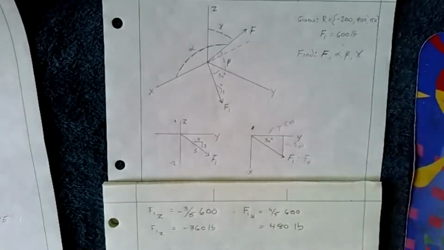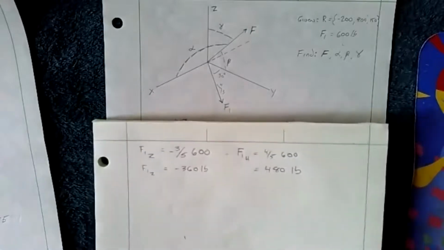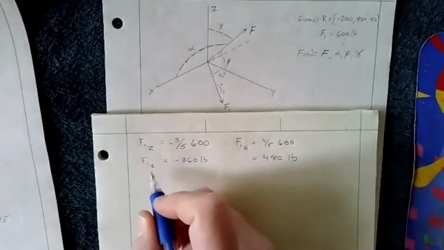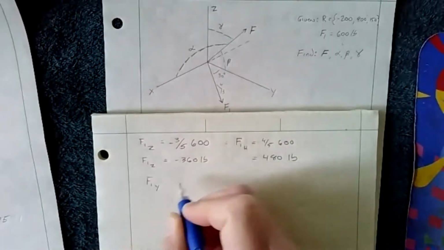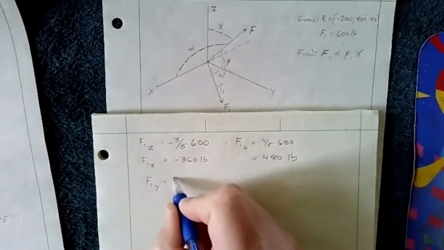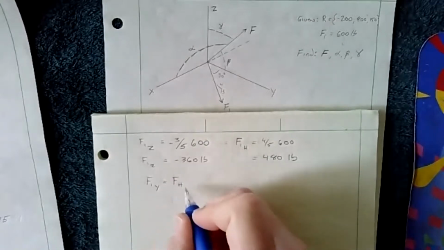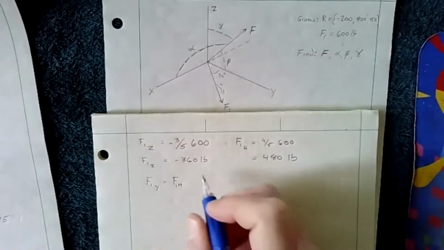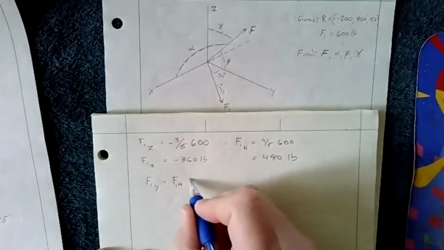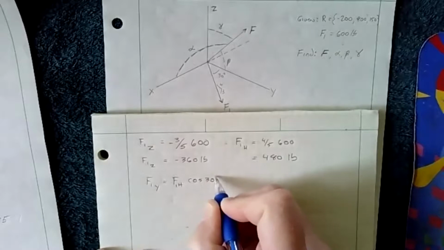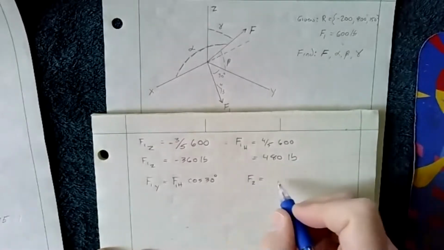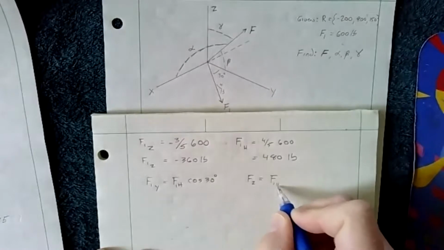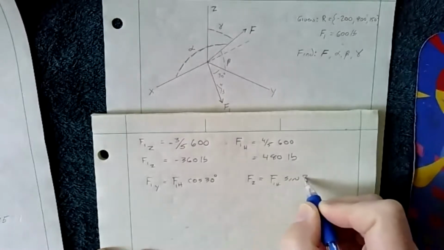So F1Y equals F1H times cosine 30, and F1X equals F1H times sine 30.